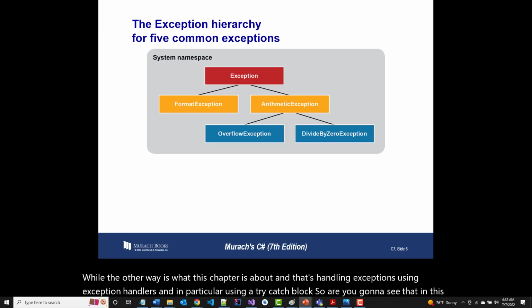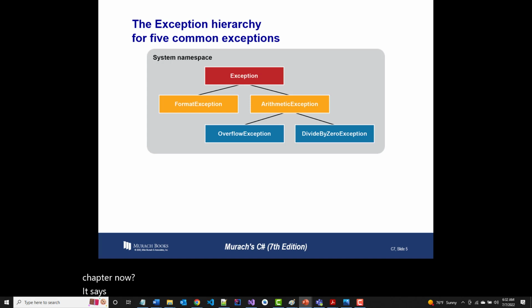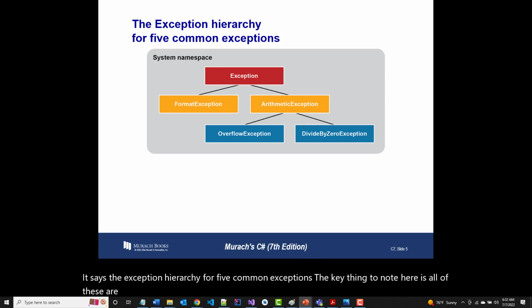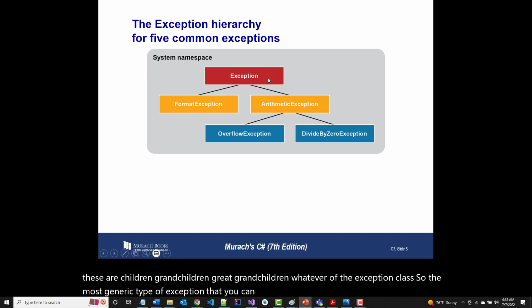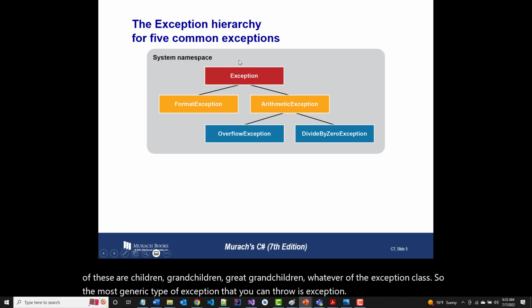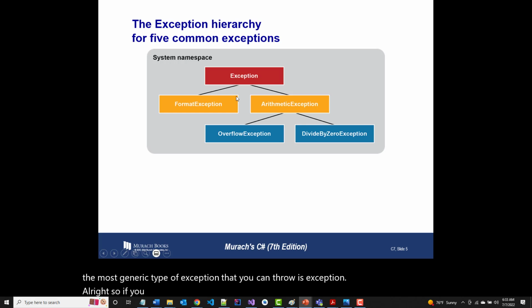Now, it says the exception hierarchy for 5 common exceptions. The key thing to note here is all of these are children, grandchildren, great-grandchildren, whatever, of the exception class. So the most generic type of exception that you can throw is exception. So you can catch multiple exceptions.